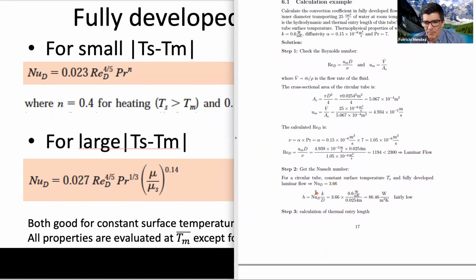So I unpack the Nusselt number to calculate h, right? And as you have already done, h is Nusselt times thermal conductivity over the pipe diameter, and it gives us 86.46, 86 and a half watts per meter squared Kelvin. This is water inside the tube, right? If we had invented a number, we would have called it 1,000 because it's forced flow of water.